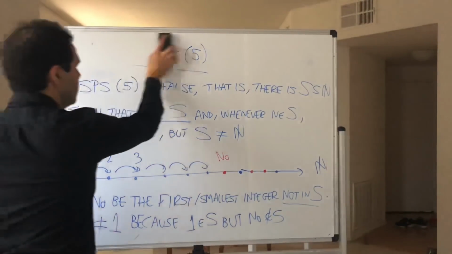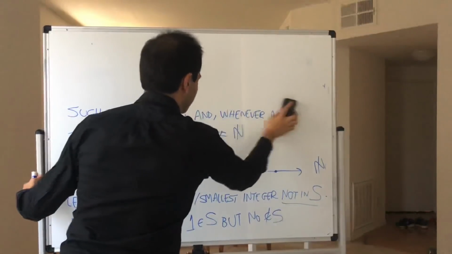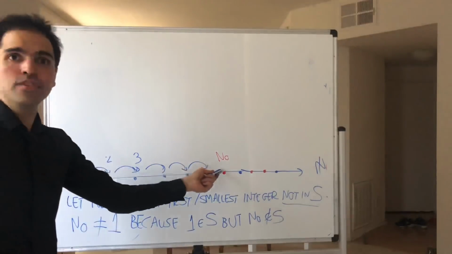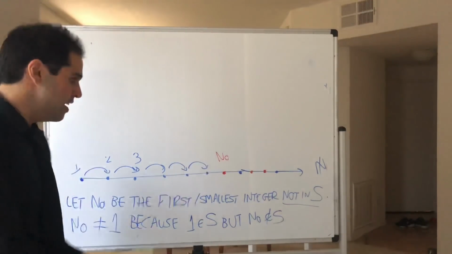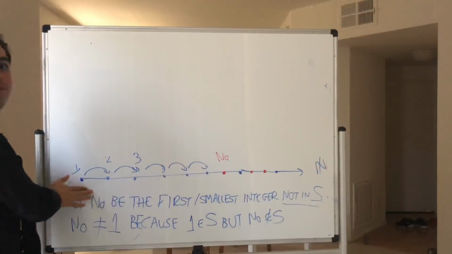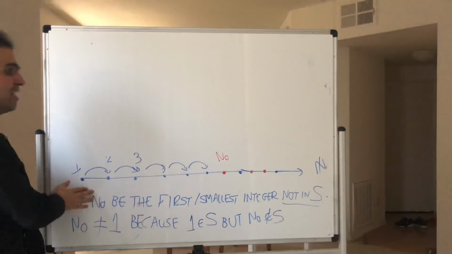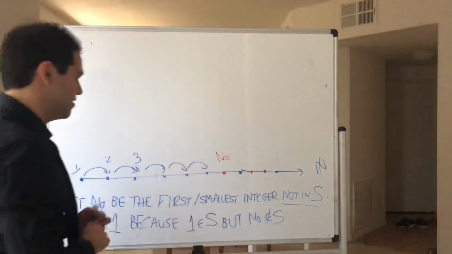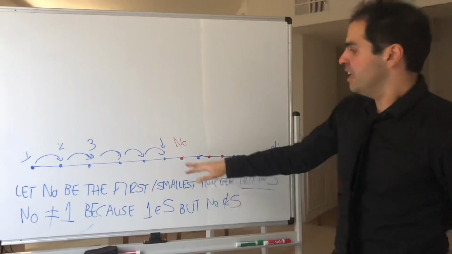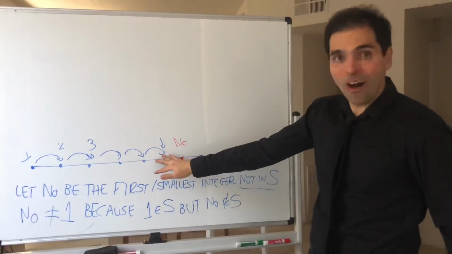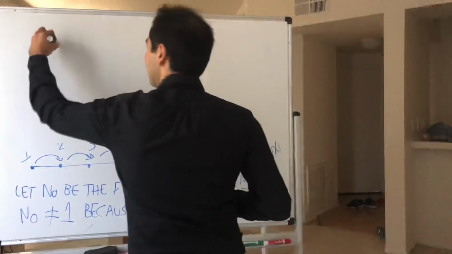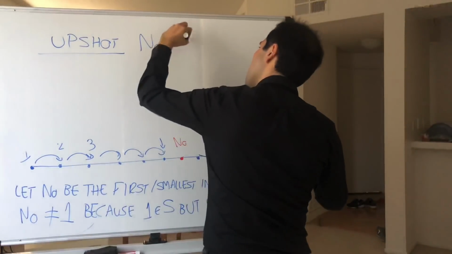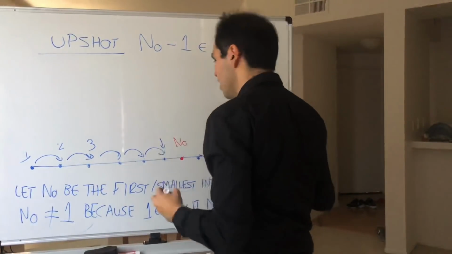And here's the interesting thing. Remember, N naught is the first number that's not in S. In particular, everything before is in S. In particular, if you take N naught minus 1, it is in S. Why?